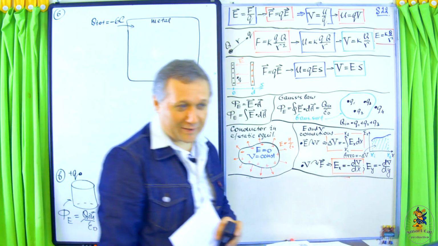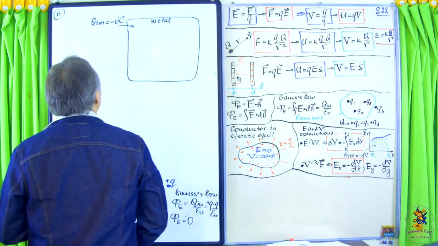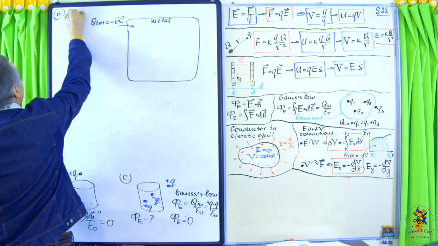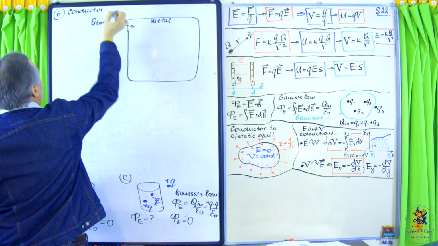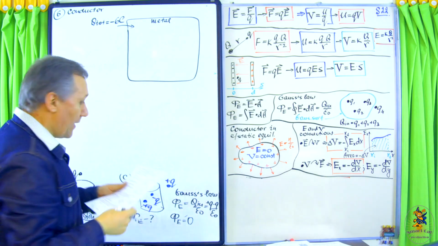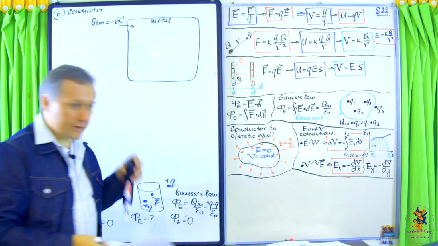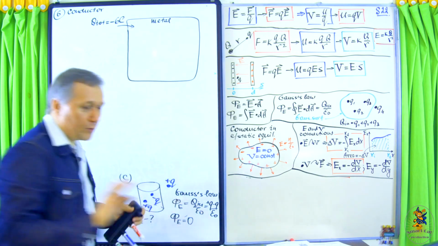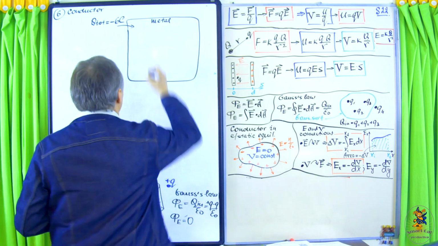I use "metal" because it's fewer symbols to write. So we have a conductor with Q total equal to minus 6 coulombs. Then there are two holes, two voids, inside this conductor, and those voids don't have connections to the outside world.